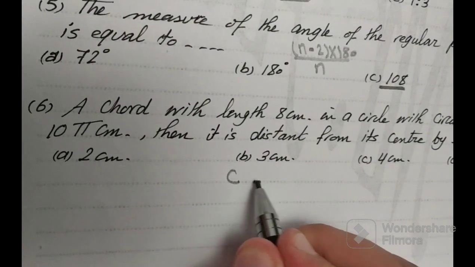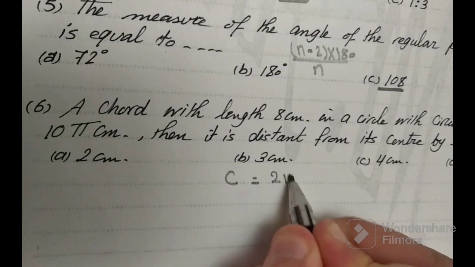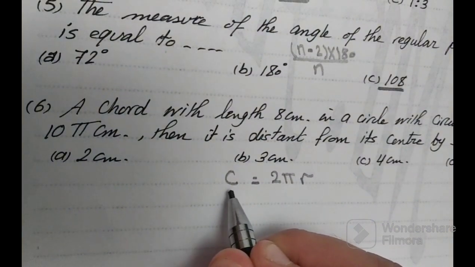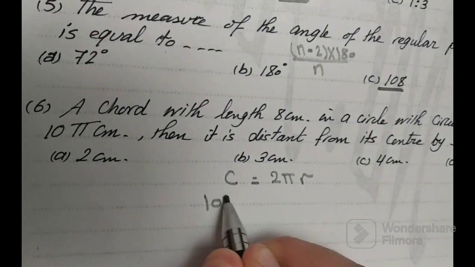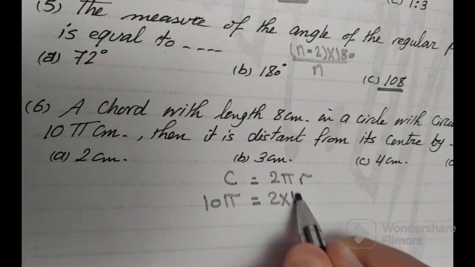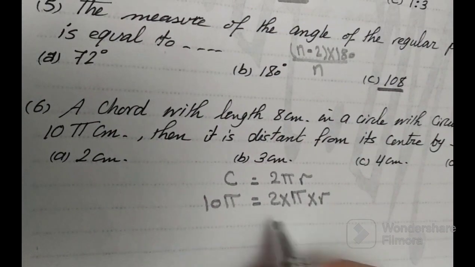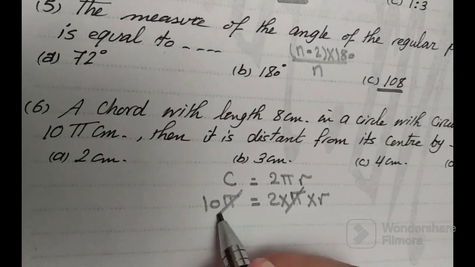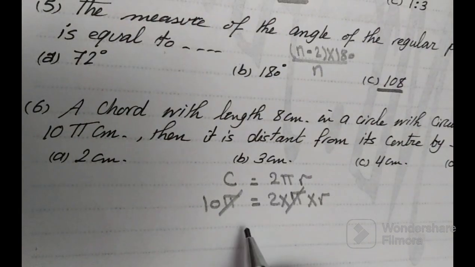The circumference of the circle equals 2 pi r. 10 pi equals 2 multiplied by pi multiplied by r. Remove pi with pi.